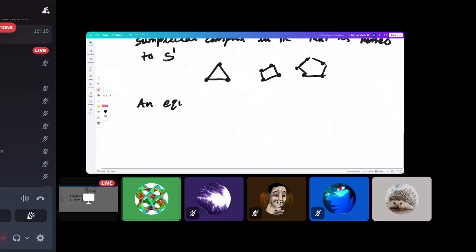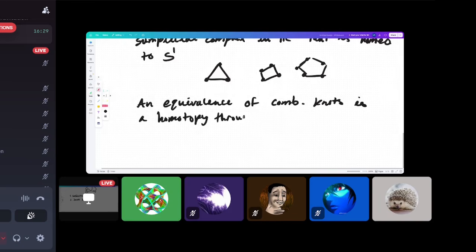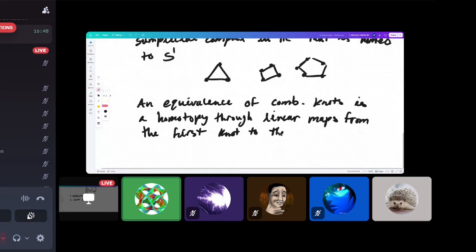An equivalence of combinatorial knots is a homotopy through linear maps from the first knot to the second knot.